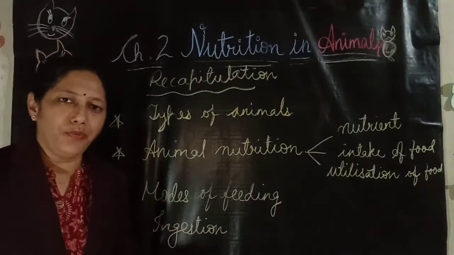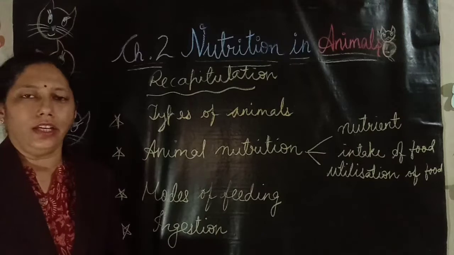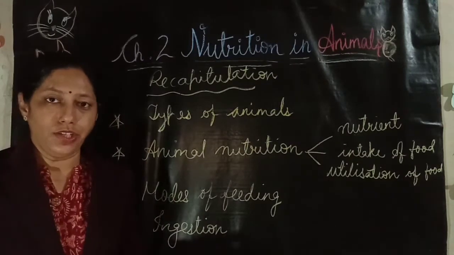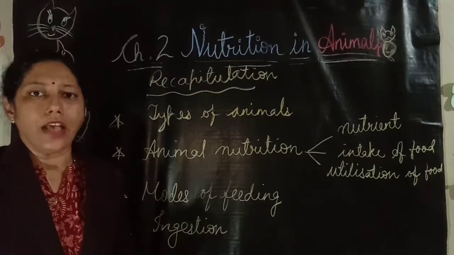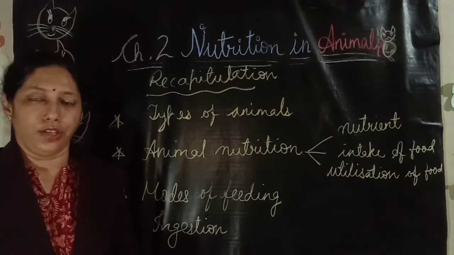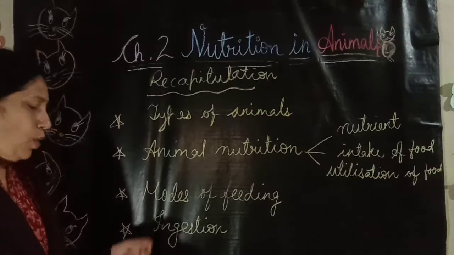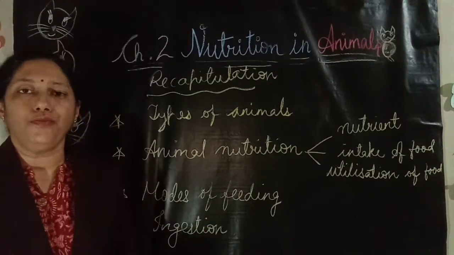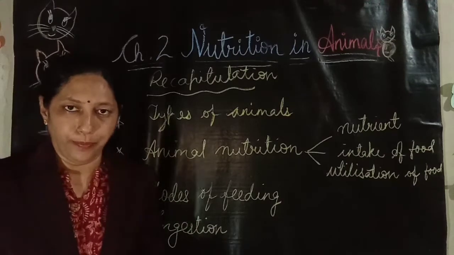Then we learned about the five different processes involved in nutrition: ingestion, digestion, absorption, assimilation and egestion. Today we learned about ingestion, that is the process of taking food into the body.